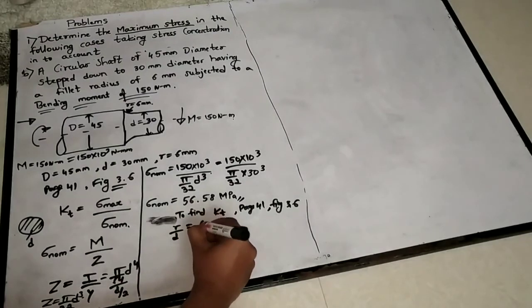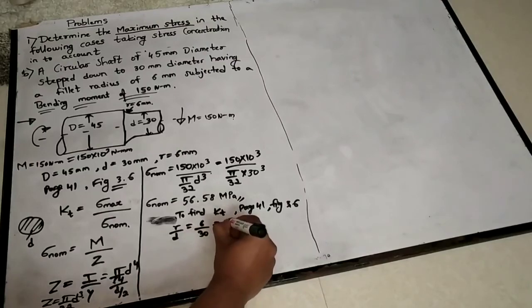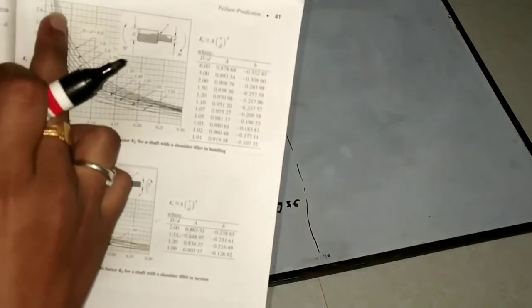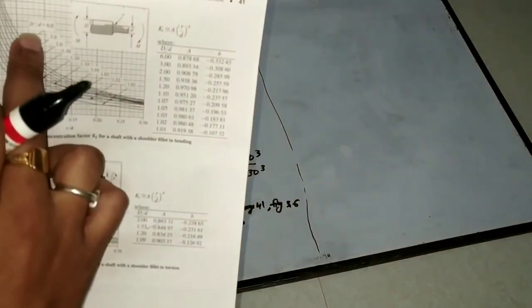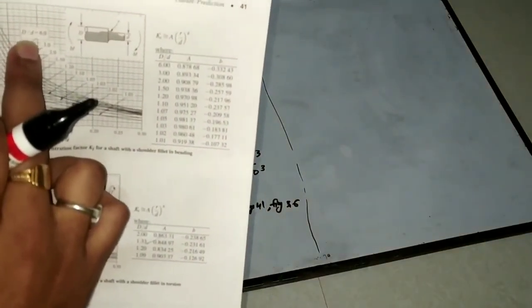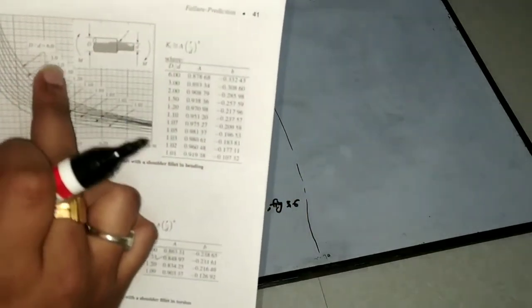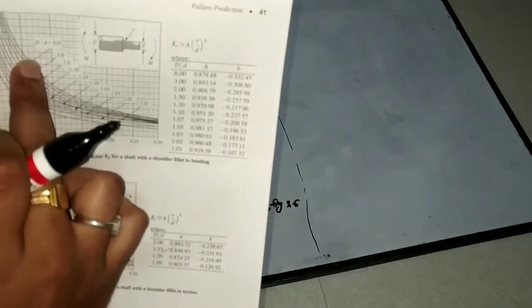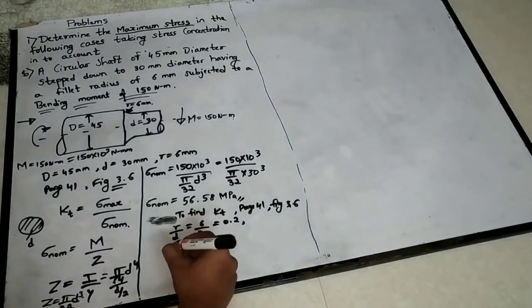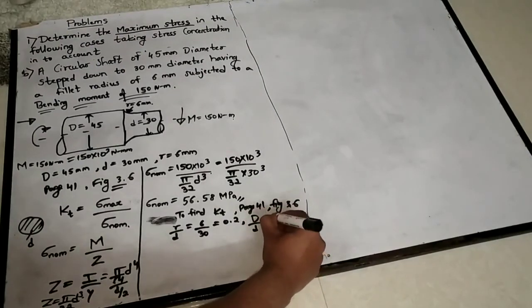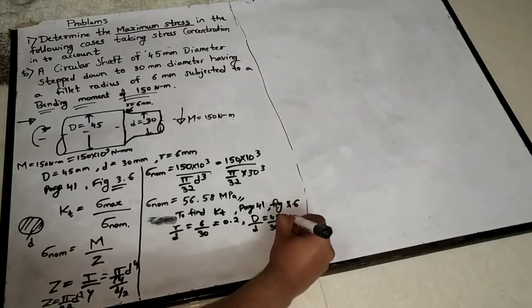Fillet radius 6, small d is 30. So how much is that? 0.2. And these curves are capital D by small d. All of you check in your data handbook, page number 41, figure 3.6. So this capital D by small d, 45 by 30. So how much is that? 1.5.